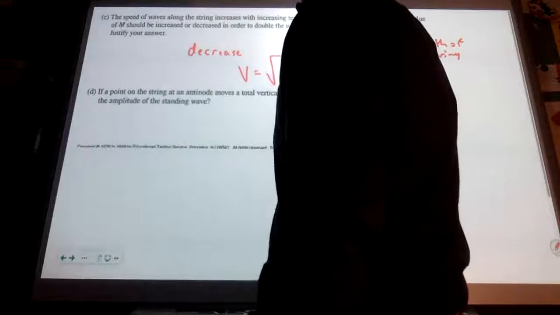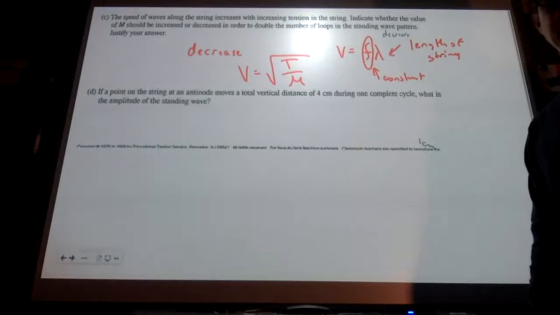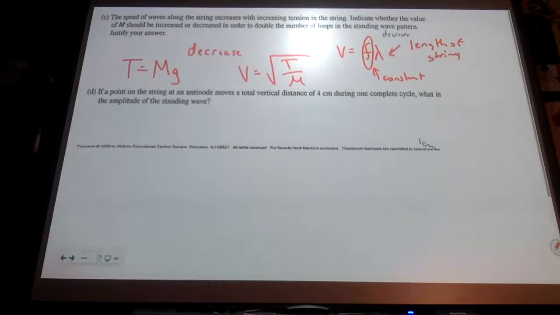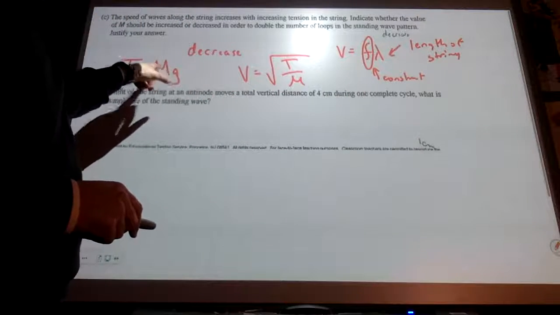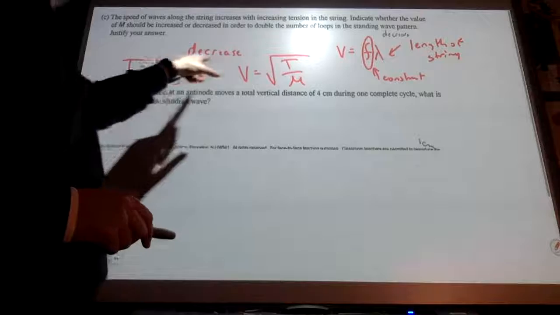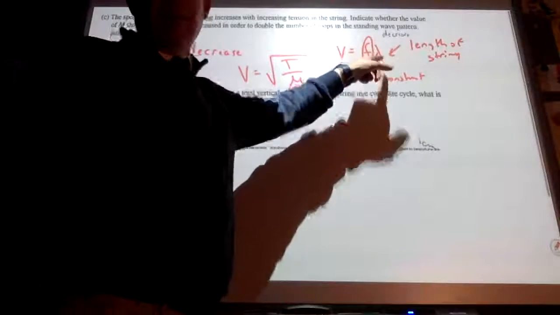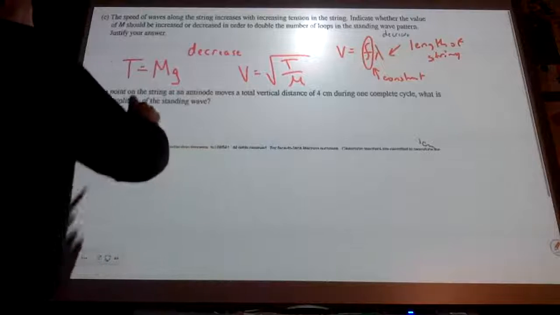So my velocity is related to the tension over the linear mass density, and that linear mass density has nothing to do with the M that's hanging off of it. So it turns out that T is going to be equal to big Mg. So if this is constant, by lowering M, I can lower T, and by lowering T, I can lower V, and that's going to make my wavelength lower too.